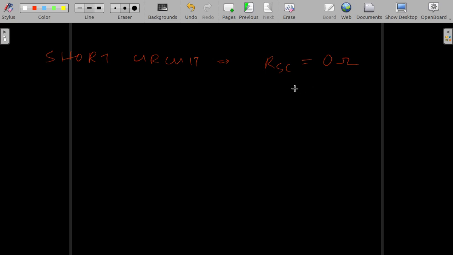It means for a short circuit, voltage across the short circuit is 0 volt. So if 0 voltage is there, 0 potential is there, then there is no resistance, right? There is no resistance.